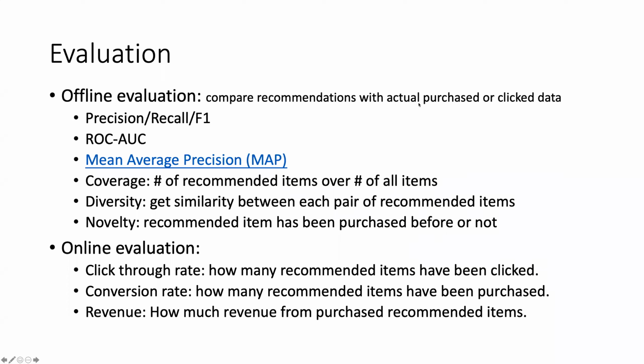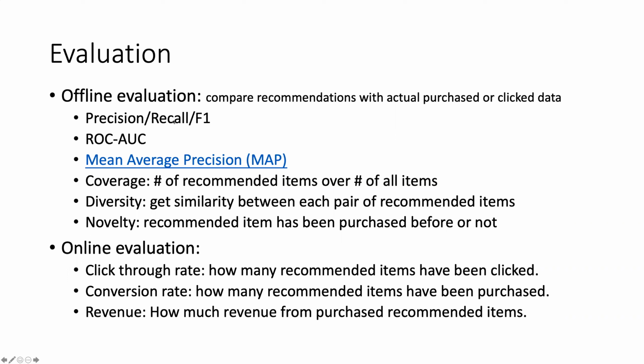So the testing will be the actual purchase or click data from the last 2 months. Then you use the first 10 months to make recommendations, and you see how many recommendations were purchased or clicked in the last 2 months.